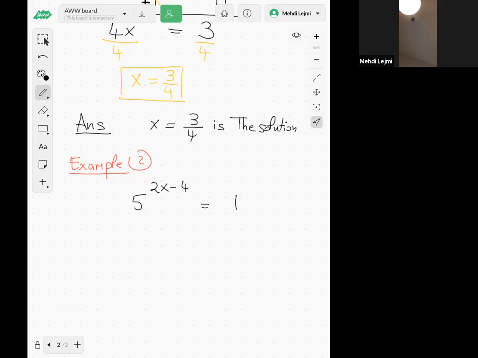Well, on the right side, it's just the whole number one, but on the left side, we do have an exponential. So this is why it's an exponential equation here. There's this exponential, as you can see, with base b equal to 5.